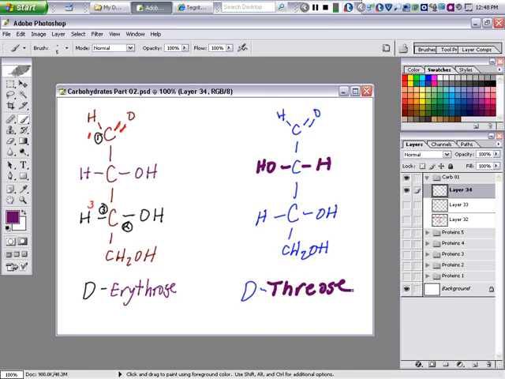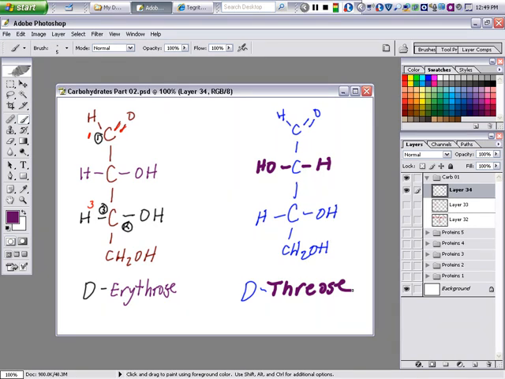Why are they both D? Exactly, because that highest numbered chiral center, that third carbon, is on the right. The OH is on the right, so it's D. All of the carbohydrates in your body, do they have R configurations or S configurations?